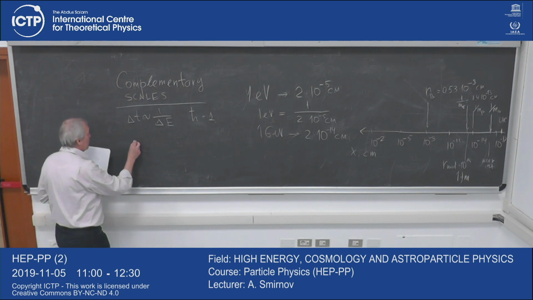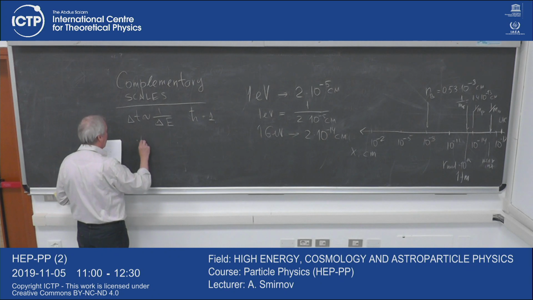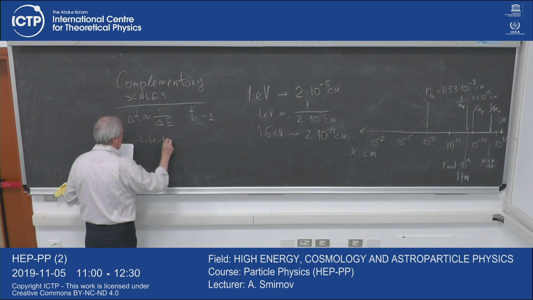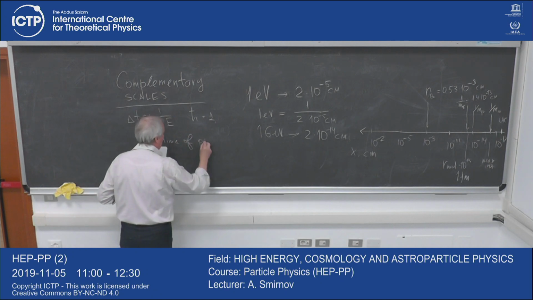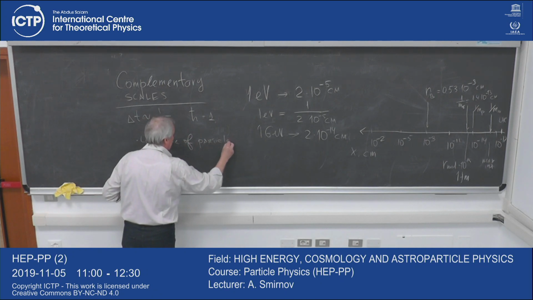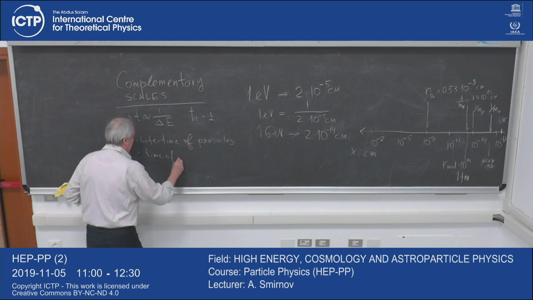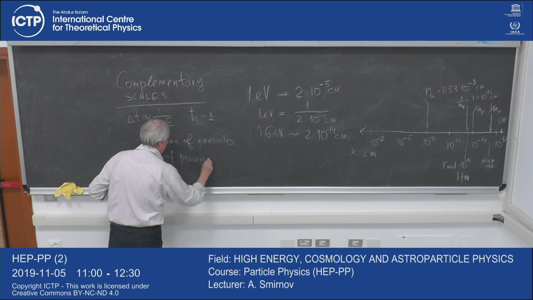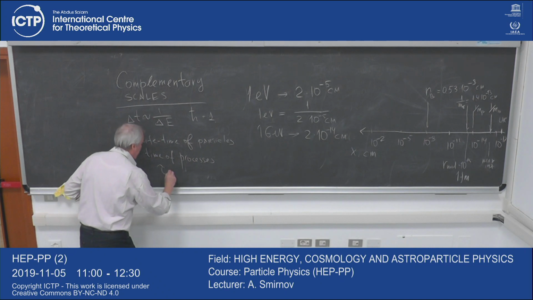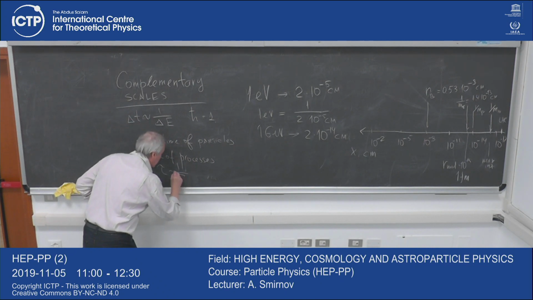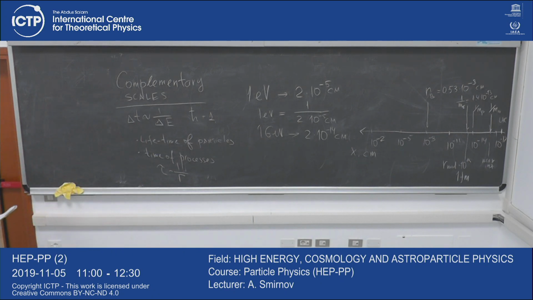These are the rate of the processes or lifetime of particles. Now, the time of the process is the inverse of the rate of the process. And the time of the processes characterizes the strength of the interaction. If you have very high intensity interactions, then the time of the processes is very short.